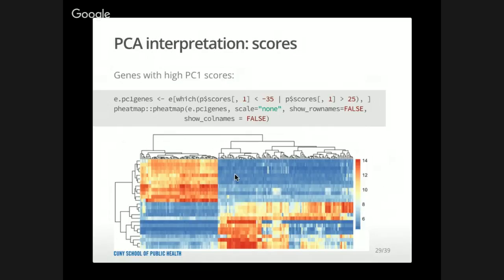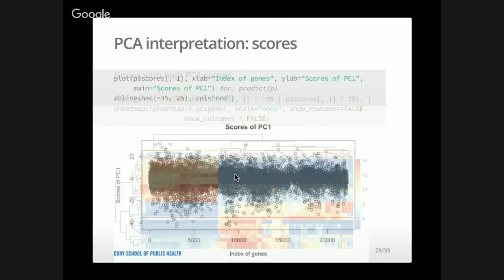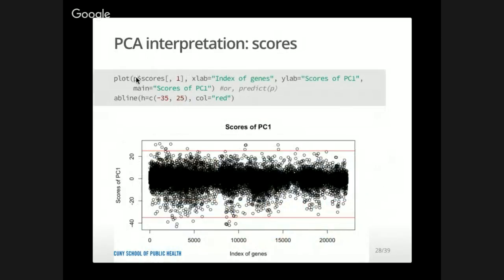So the construction of the principal components analysis is to create a PC1 in which the contribution, according to these scores, will come from highly correlated genes, where essentially we don't need to represent the measurements for each of them.